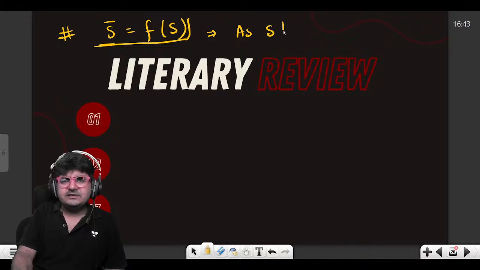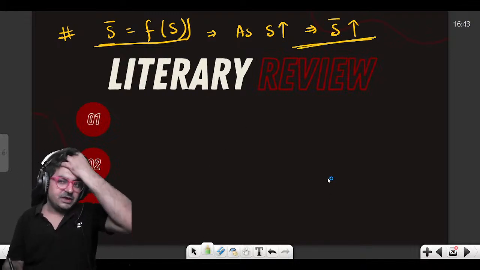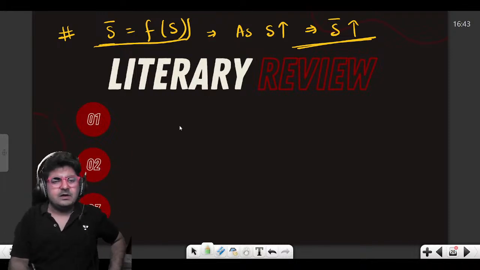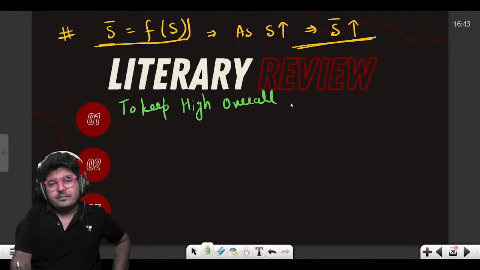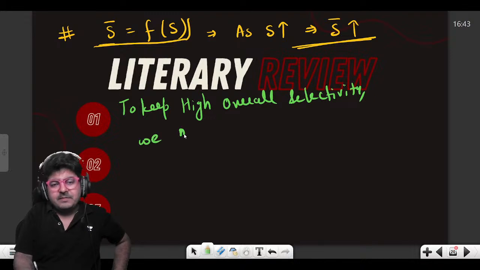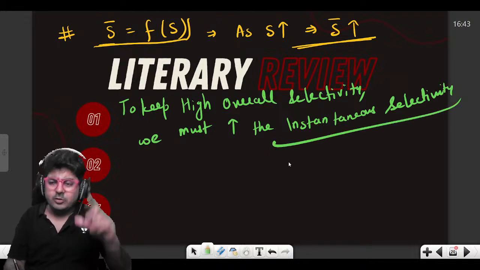As instantaneous selectivity increases, overall selectivity will also increase or vice versa. ठीक है, तो that is my objective. मुझे क्या करना है, मुझे overall selectivity high रखनी है. And you know that to keep high overall selectivity, we must increase the instantaneous selectivity. Simple. I hope you are understanding this.